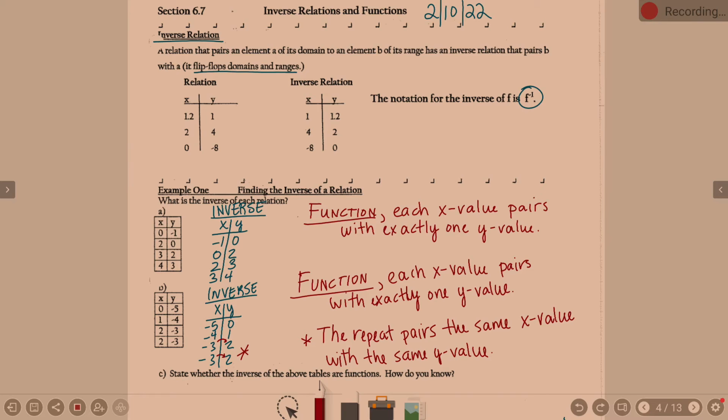Now, do you have what you need from that page? I am going to put something in C there, because we're going to play the what if game. I'm going to throw another example at you, because C says state whether the inverse of the above tables are functions. How do you know? We already did that, yes? Okay.